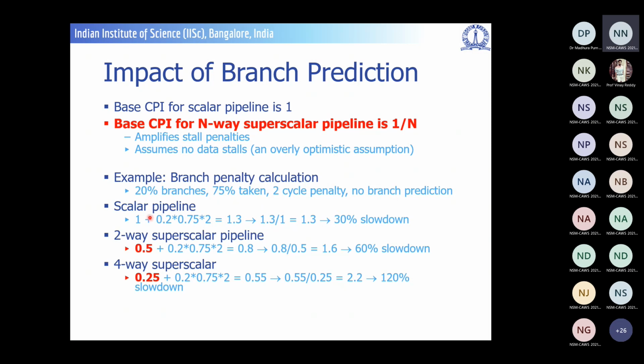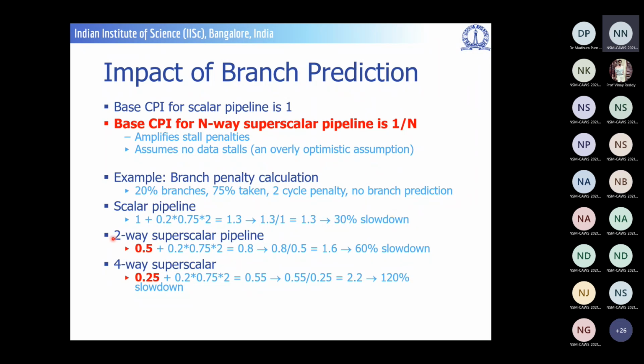If it was a scalar pipeline, the ideal CPI you can achieve is 1. Then if you take this 2 cycle penalty, with 20% branches and 75% taken, and do the math, it becomes 1.3. So because of these branches, there will be a 30% slowdown.